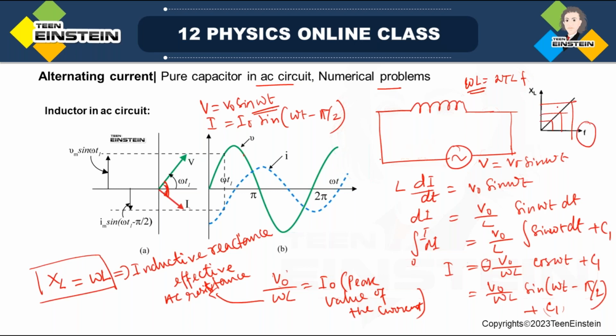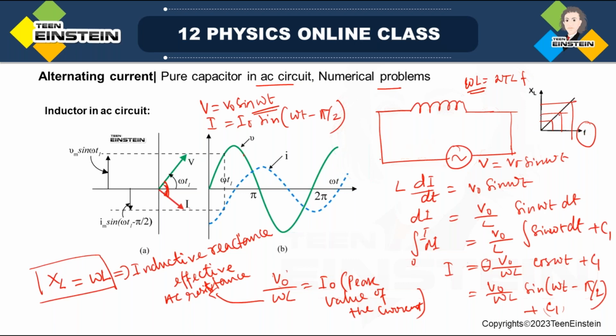So as the frequency increases, the inductive reactance increases. That means the inductor coil will offer more and more resistance to the flow of the current.